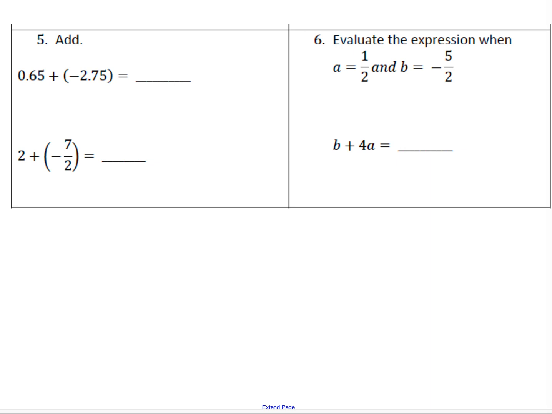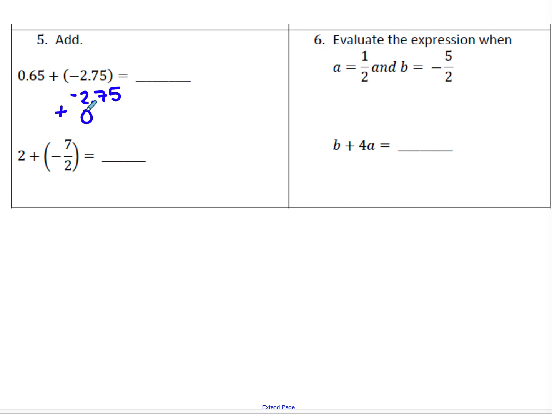All right, let's take a look at number 5 here. So I have 65 hundredths plus negative 2 and 75 hundredths. Okay, so I have different signs. I'm going to find the difference. I'm going to go ahead and put my one with the greater absolute value on the top. When you're lining up decimals, you want to make sure that you do that.